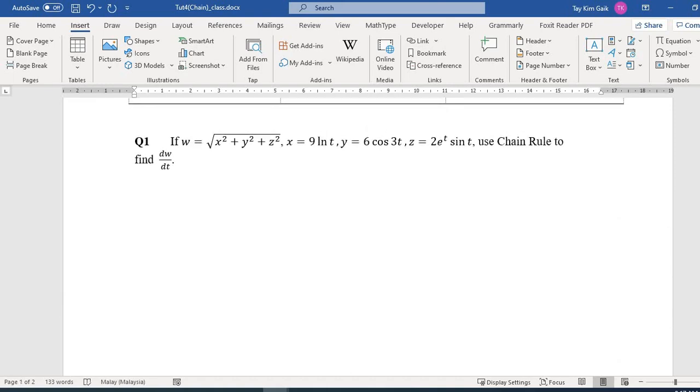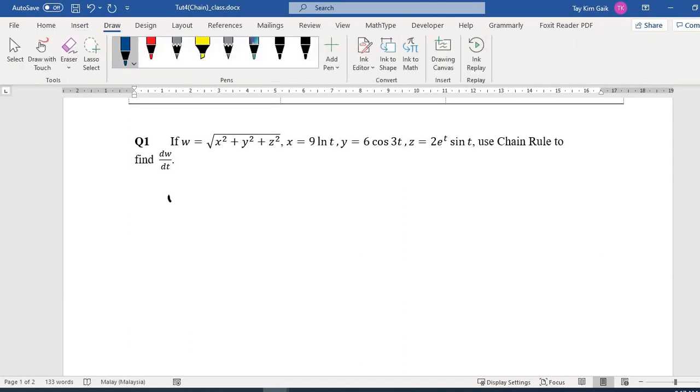here you have your w, you have x, y, z. So from w you can find your del w del x, del w del y, del w del z. Okay, x, y, z is only a function of t.